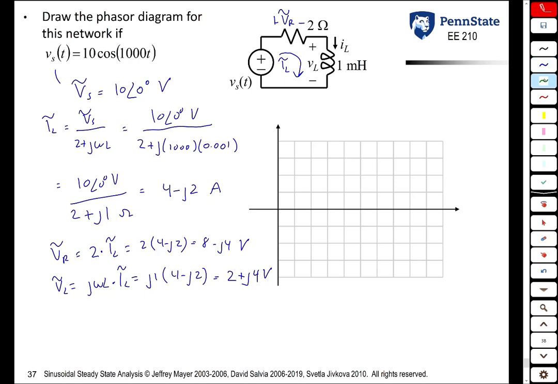Vs is 10 at an angle of 0. 1, 2, 3, 4, 5, 6, 7, 8, 9, 10. So this is Vs. Our current, we'll put in red, it's 4 minus J2.